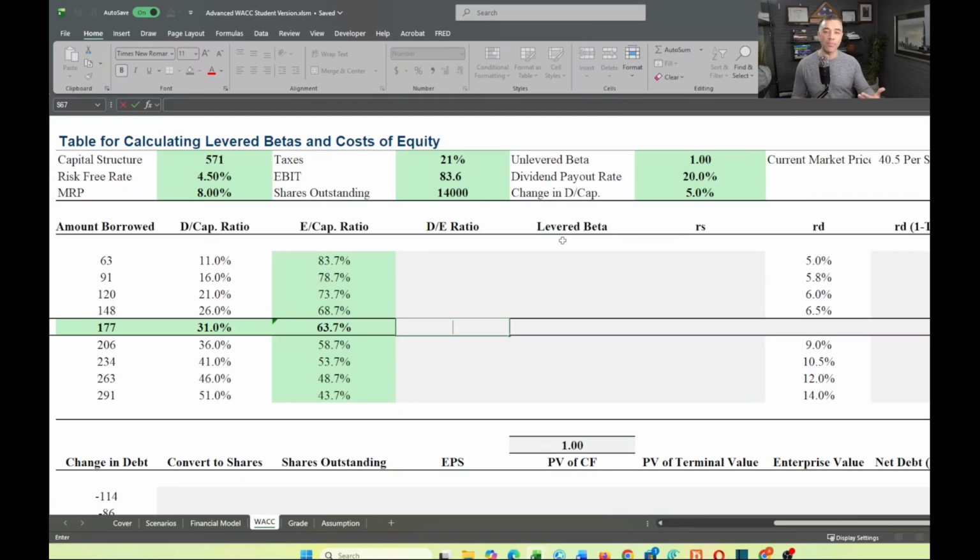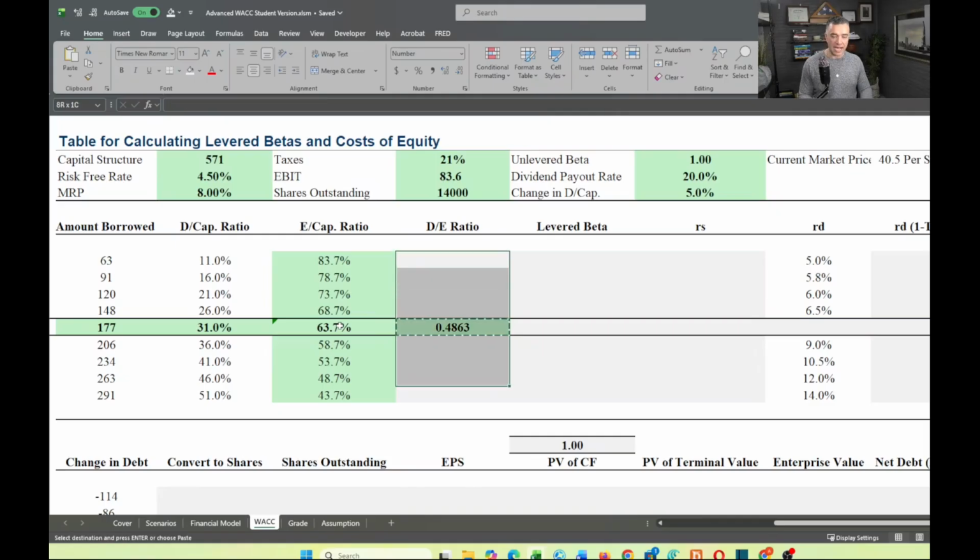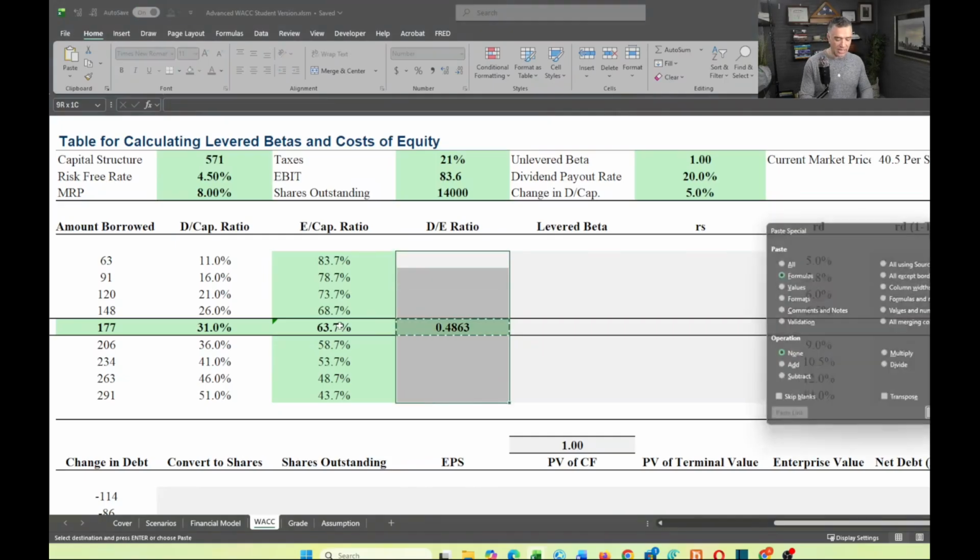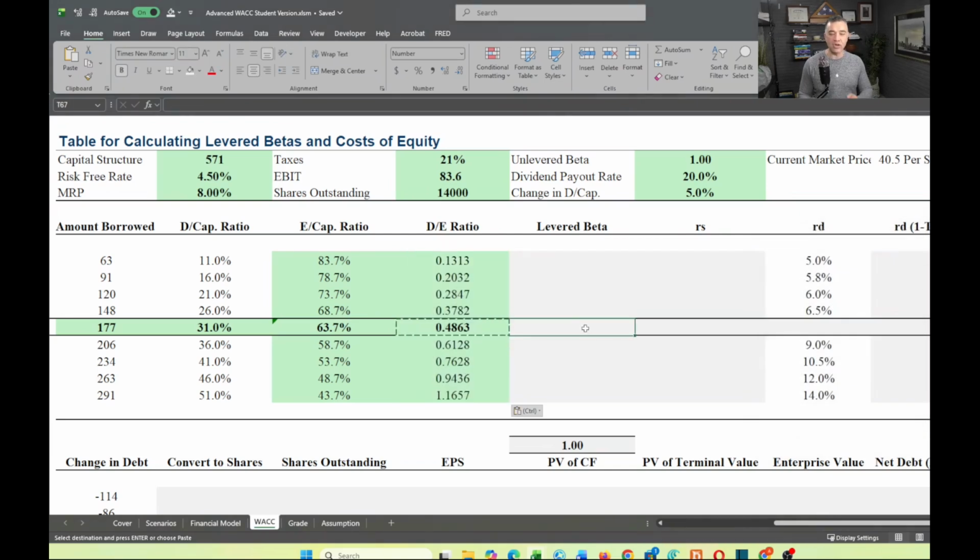Well, it's going to go up as we increase debt, but we want to know how much, which causes the return on equity to get more expensive. So since we have debt and equity, all I'm going to do is take the percentage of debt and divide it by the percentage of equity. I'm going to hit Control C, highlight the entire thing, hit Alt-ESF. And now we have our debt to equity ratio.